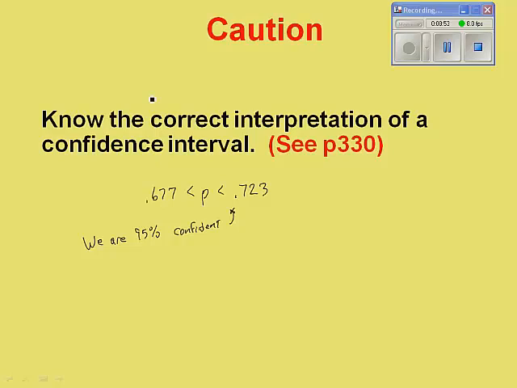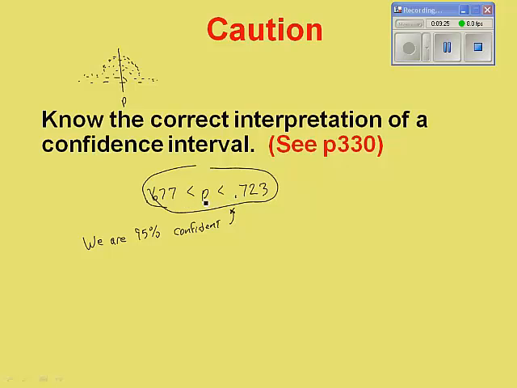The sample proportions, if you do it over and over and over again, what kind of distribution do we approach? We approach a normal distribution, right? And it'll be a normal distribution that's centered around the real population P. And because of that, what I can do is I can say, okay, I can be 95% confident that P is between this and this.